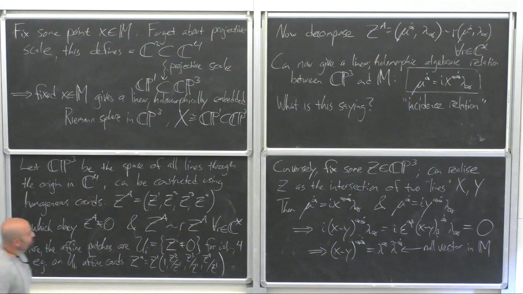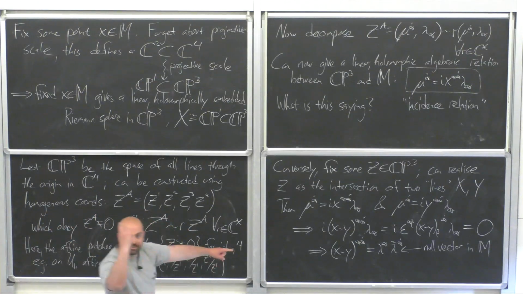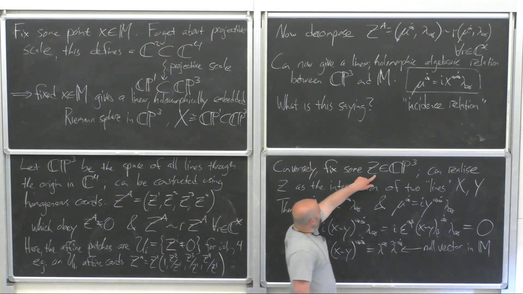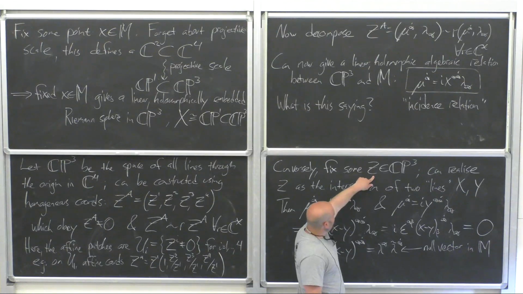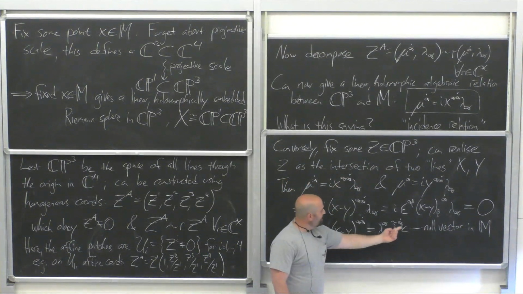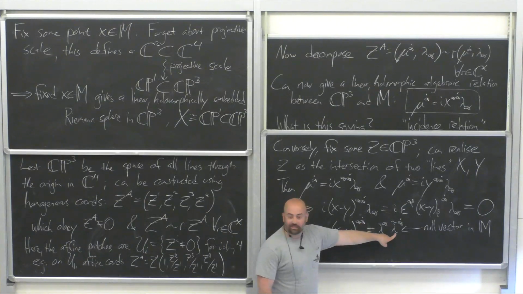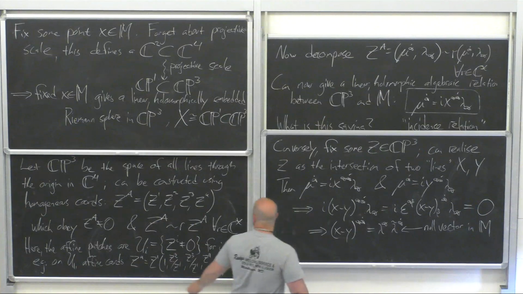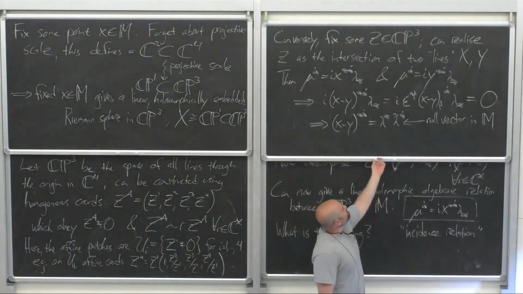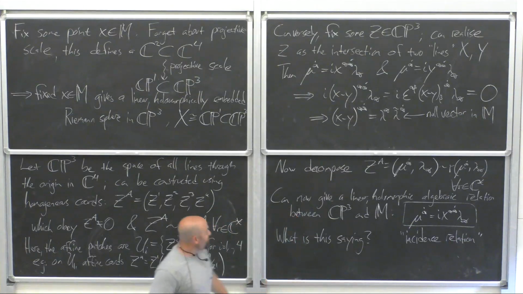Okay? So we learned that these lines in CP3 intersect if and only if their corresponding points in complexified Minkowski spacetime are null separated. But we also learned that any point in CP3 defined a family of these null vectors, right? Because this didn't fix lambda twiddle alpha dot. Any lambda twiddle alpha dot would do. So the upshot here is the following.